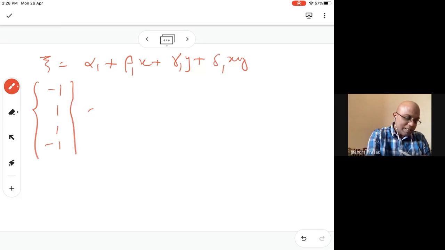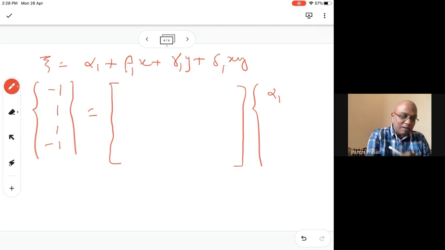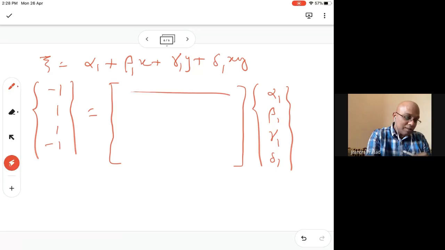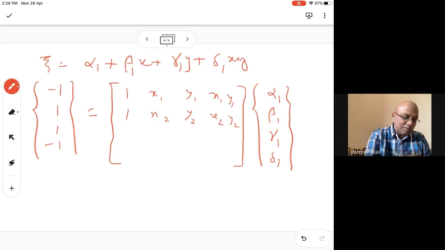And again we will have x, y terms only. So we have here alpha 1, beta 1, gamma 1, delta 1, and here we will have 1, x1, y1, x1y1; 1, x2, y2, x2y2; 1, x3, y3, x3y3; 1, x4, y4, x4y4 together.